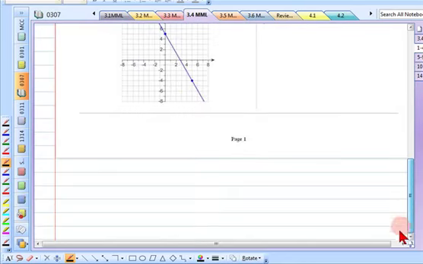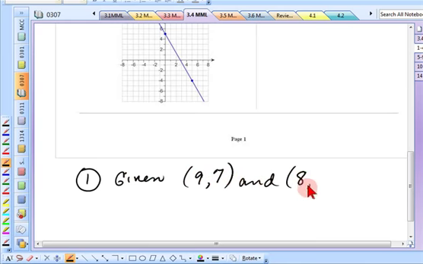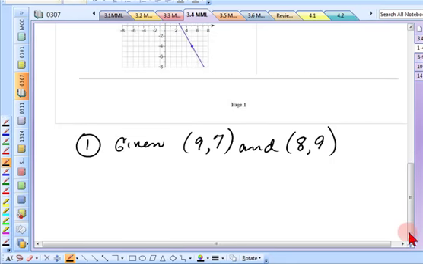If I go down, find some workspace, you are given that the line goes through 9, 7, and 8, 9. And I want to know the slope.